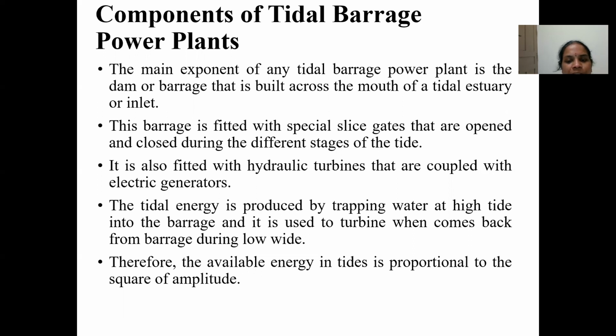It is also fitted with hydraulic turbines that are coupled with generators. The tidal energy is produced by trapping water at high tide in the barrage, and it is used to run the turbine when the water comes back from the barrage during low tide. Therefore, the available energy in a tide is proportional to the square of the amplitude.